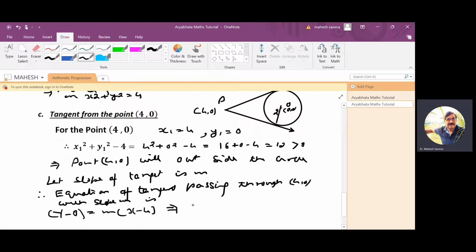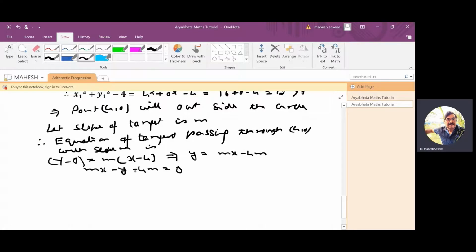Implies that y is equal to mx minus 4m. That is mx minus y minus 4m is equal to 0.